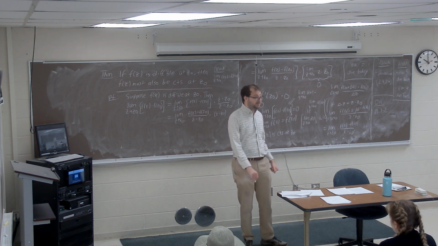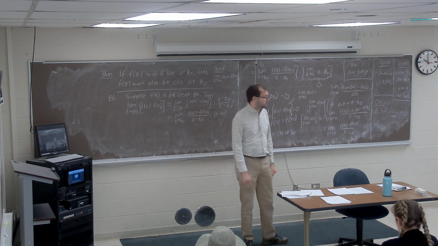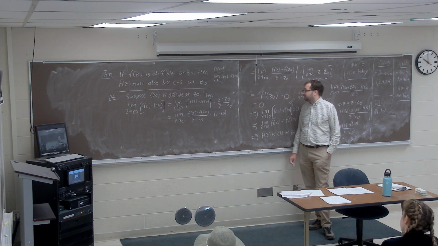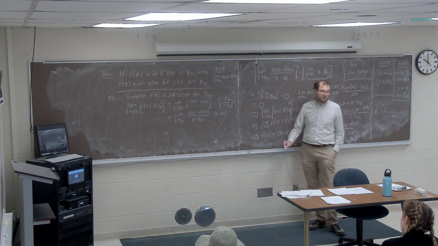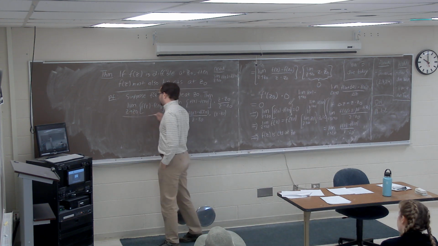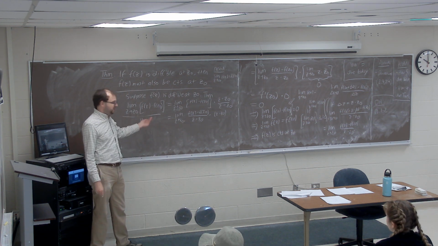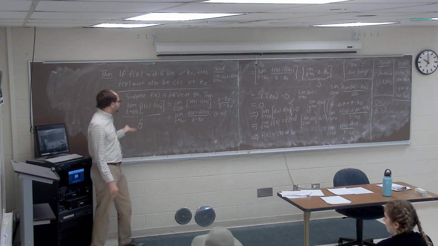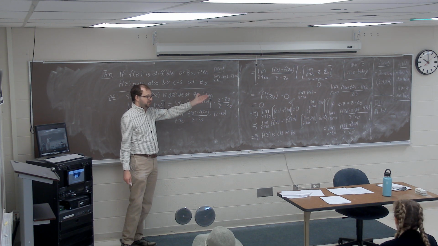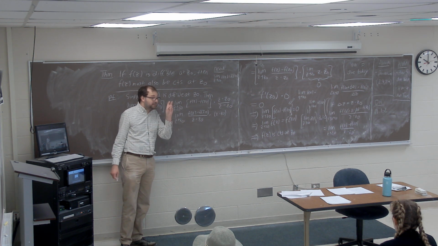Questions, comments, concerns? Why did we start with f of z minus f of z naught equals the same thing? Because that allowed us to bring the derivative into play to allow us to show that this expression comes out to 0, and that condition coming out to 0 is the same as continuity. Basically, the whole multiplying by z minus z naught over z minus z naught thing, or as Katrine put it, multiplying by 1.